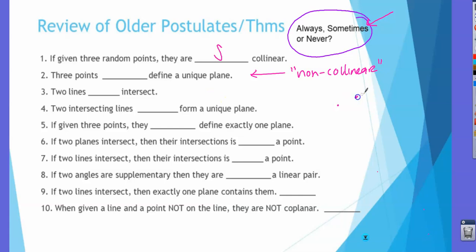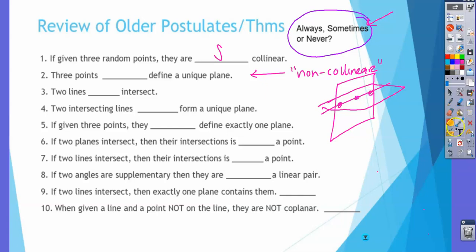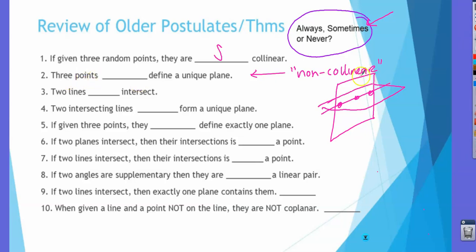Sometimes if I have 3 points, I can draw the plane that goes vertically if they're collinear, and then I could maybe draw the plane that goes like this. So if my points are all on the same line, I can actually draw tons of planes that go between them. It's kind of like being on the corner of a room or the spine of a book. So if they just say 3 points and they don't say non-collinear, this is only sometimes, because maybe it is, but maybe it's not.